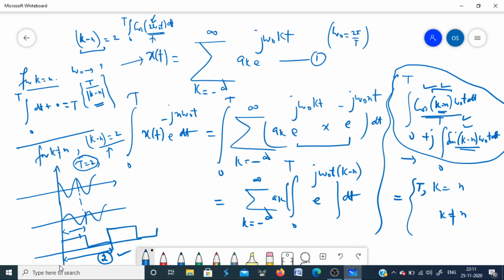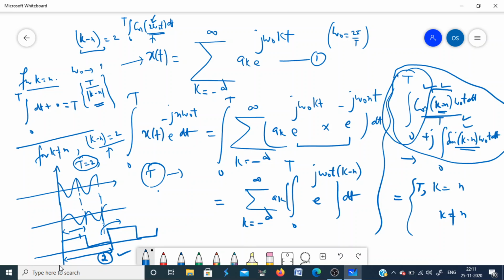It means in one cycle of the original signal, you are getting 2 cycles of sine and cosine functions. Or in general you can say that if T is the time period of x(t), for k not equal to n, you will get k minus n cycles of sine and cosine function in one time period. So if you integrate over one time period, you are integrating k minus n cycles of sine and cosine.